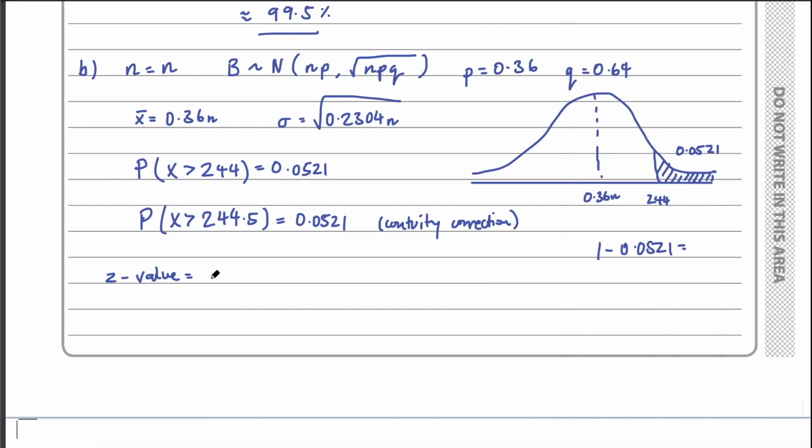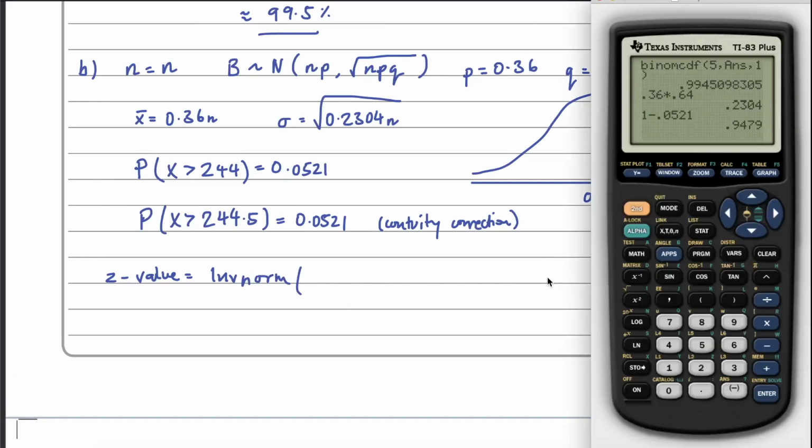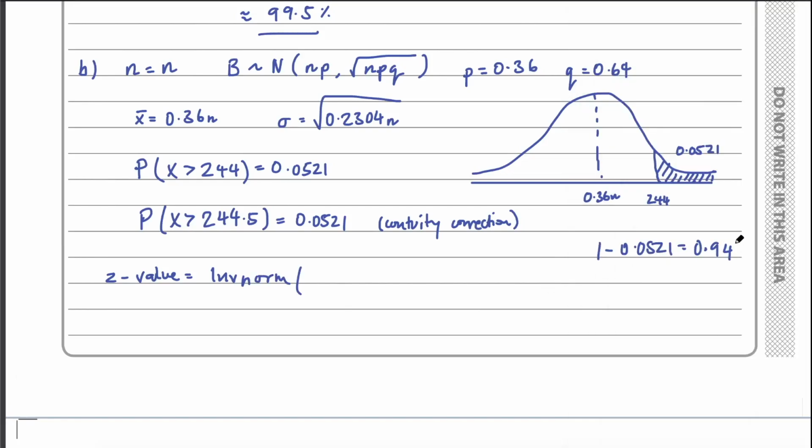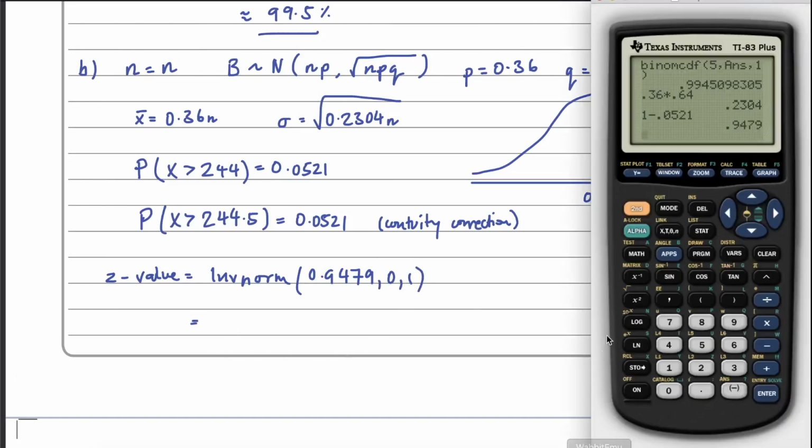So again, we can do inv norm, and what we input is 0.9479. We do the probability of less than that value, 0.9479, and then we just have to do the mean and standard deviation of the standard normal distribution, which is 0, 1. Okay, that will give us a Z value.